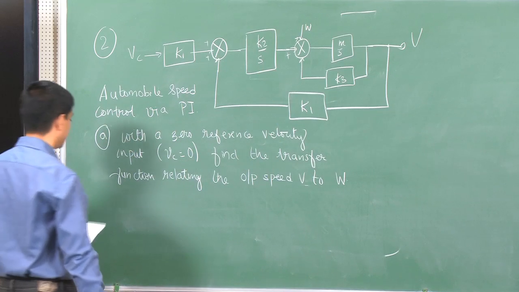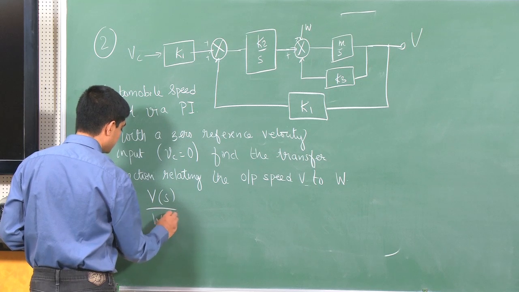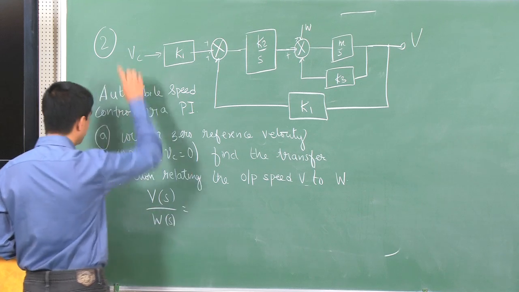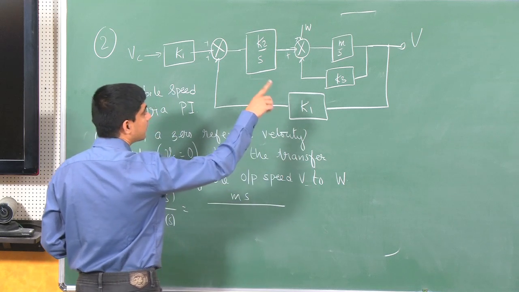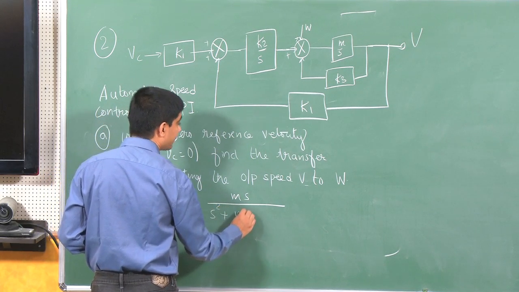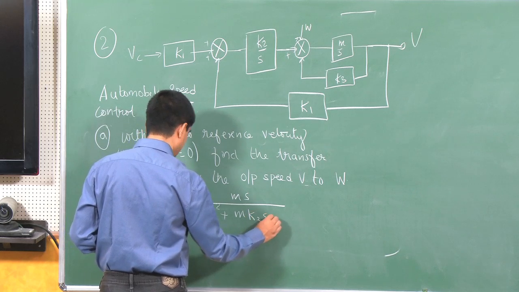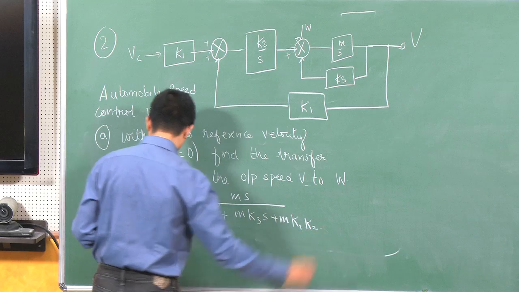Okay, this is not really a big deal. Vs over Ws, assuming Vc to be 0, I can easily compute this as Ms over S square plus M K3 S plus M K1 K2.